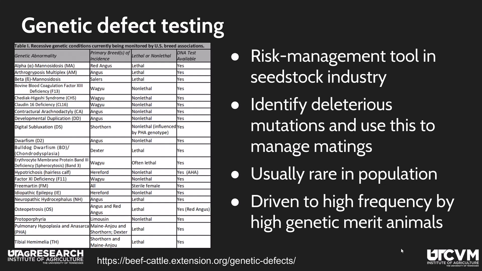So particularly as we think about bulls and how some AI sires in seed stock populations have a really, really big footprint in the breed, we might have thousands or tens of thousands of offspring that come from a very, very popular high genetic merit bull. The way that genetic defects, what we call deleterious mutations, occur is that mutations happen and they break something.